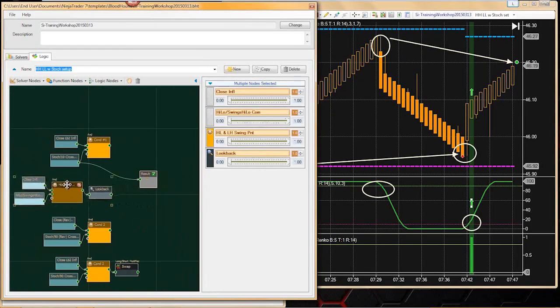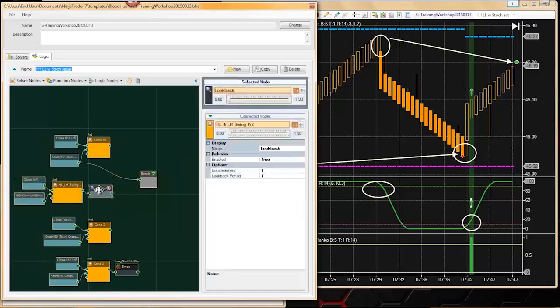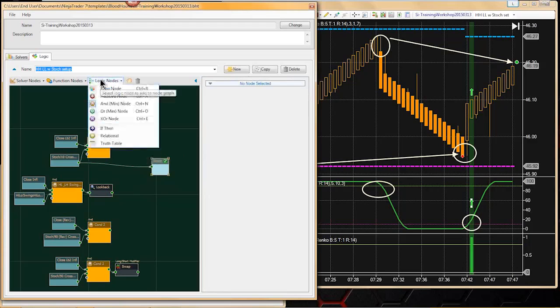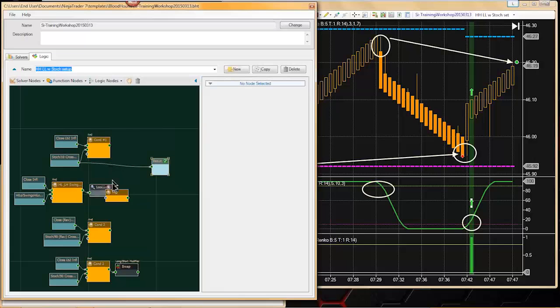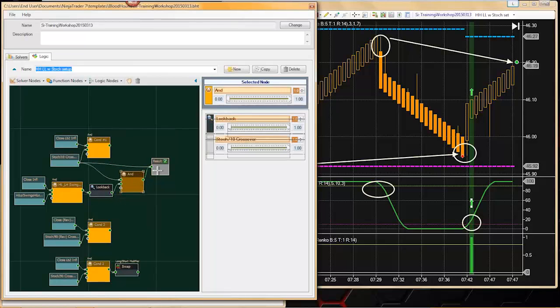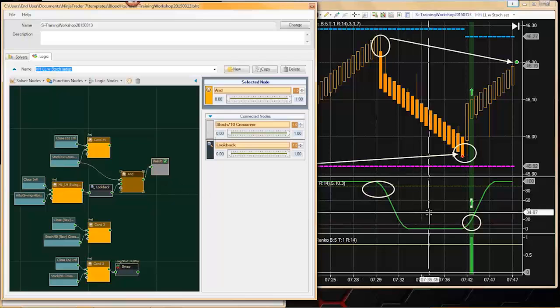All right, so I'm going to just slide my solvers back a little bit. Now I can use another AND node. Connect these all together. And so there we go. That now makes up condition 3.